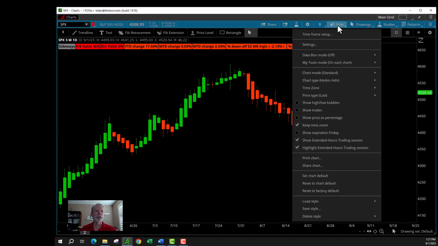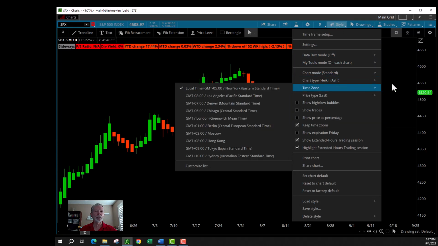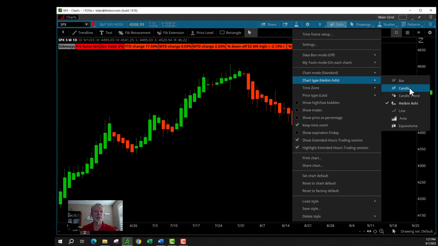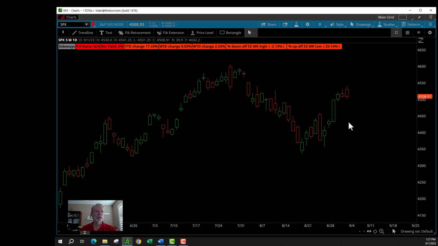So let's go back to what we're going to be using in this series of training, and that represents the candlestick. Just keep in mind, it will open and close. It has a low, it has a high. If it's green, it opened here and moved above the open.